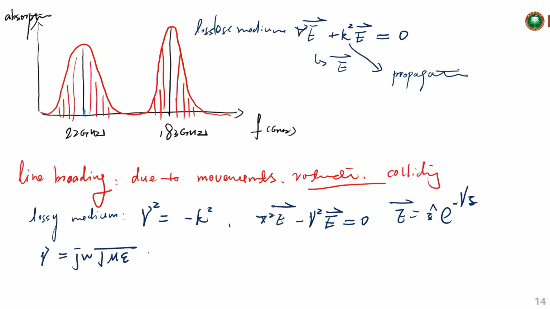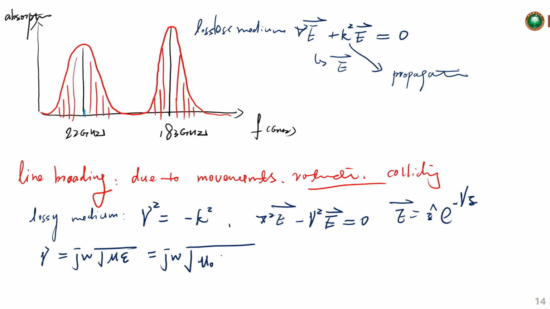For our conditions, we simplify it because this medium is not a ferromagnetic medium, so the permeability equals that of the vacuum.